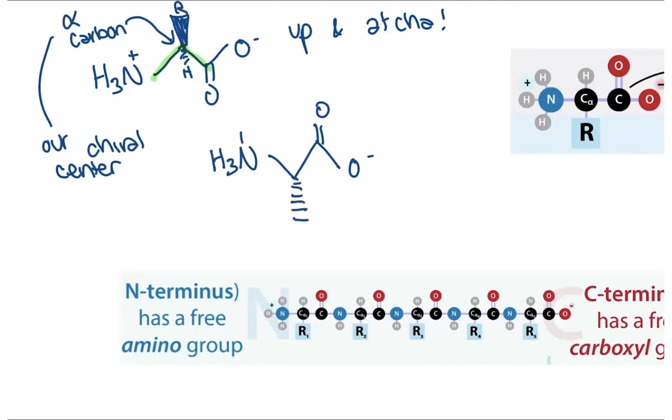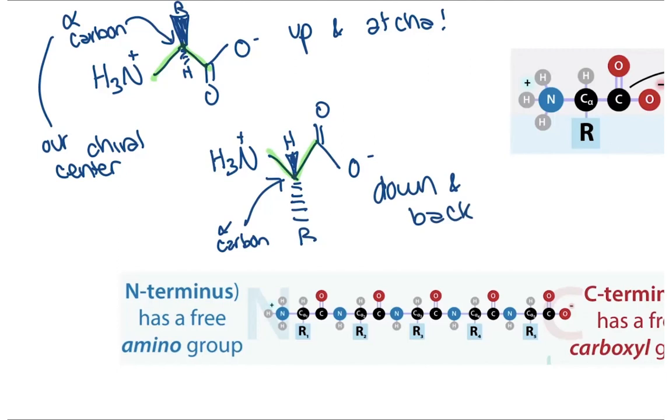So this is our alpha carbon, this is our R group, and now our hydrogen is sticking forward, but our R group is sticking back. So when we have it sticking down, we have down and back. So up and at you, or down and back.